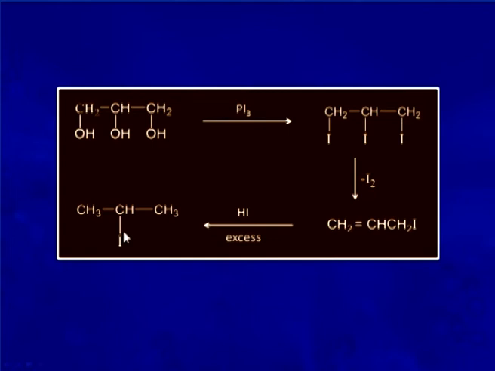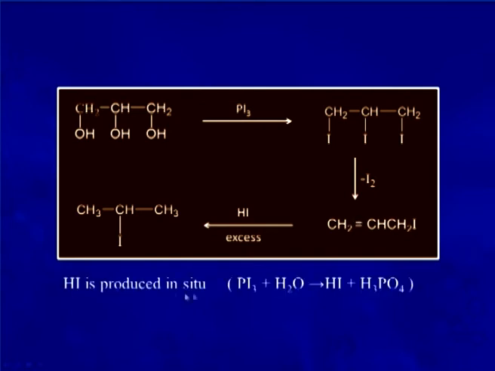The reason is that first the triiodo derivative is formed, but it is quite unstable and forms the allyl iodide. Now, since in situ phosphorus triiodide reacts with water to form hydroiodic acid, and this hydroiodic acid converts allyl iodide into 2-iodopropane, as we have discussed in the earlier slide.